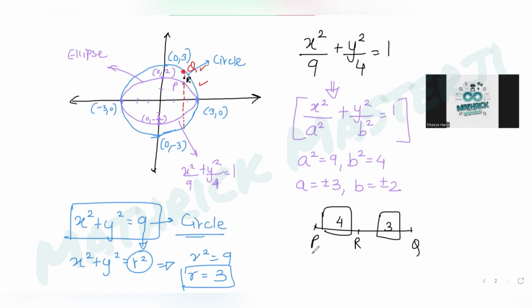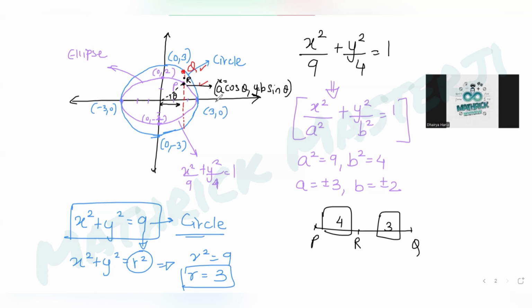For finding the coordinates of R, first of all, we should have the coordinates of P and Q. So if I try to find the coordinates of P here, let's say this is angle theta. The x coordinate is a cos theta and y is b sin theta.